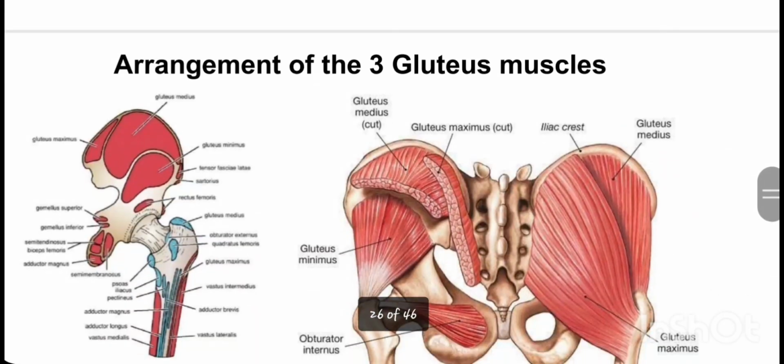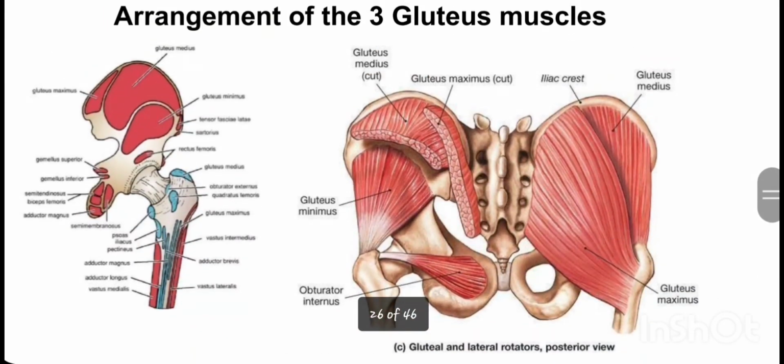So these are the three major muscles we have seen now: gluteus maximus, gluteus medius and gluteus minimus. Here you can see the gluteus medius muscle and gluteus maximus muscle.